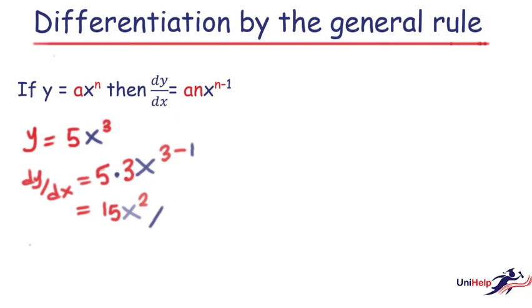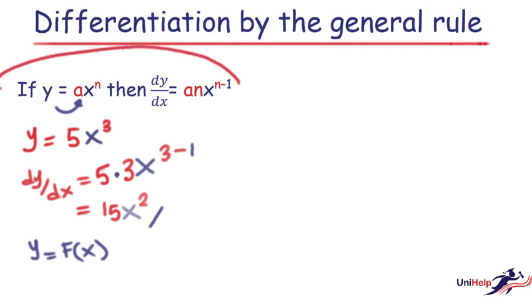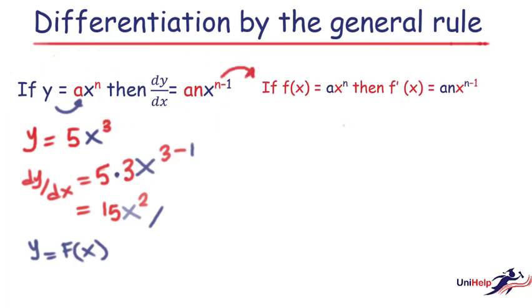Also, since y is a function of x, as you can see here, we can say y is equal to f of x. That is, this whole expression could be written as: if f of x is equal to ax to the power n, then f prime of x is anx to the power n minus 1.